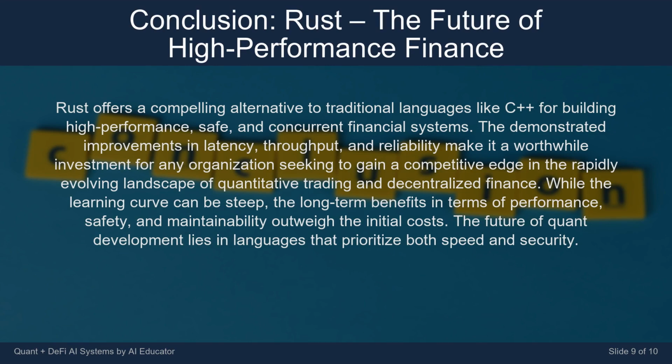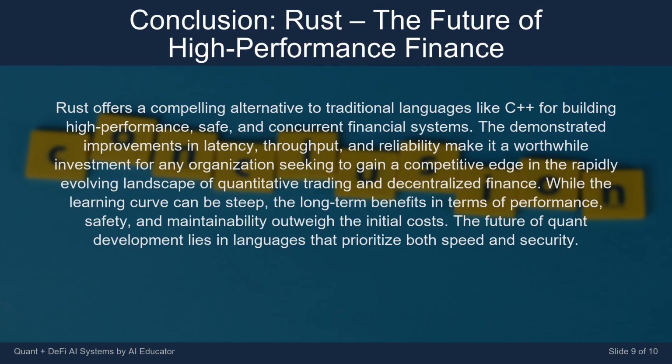Rust offers a compelling alternative to traditional languages like C++ for building high-performance, safe, and concurrent financial systems. The demonstrated improvements in latency, throughput, and reliability make it a worthwhile investment for any organization seeking to gain a competitive edge in the rapidly evolving landscape of quantitative trading and decentralized finance.